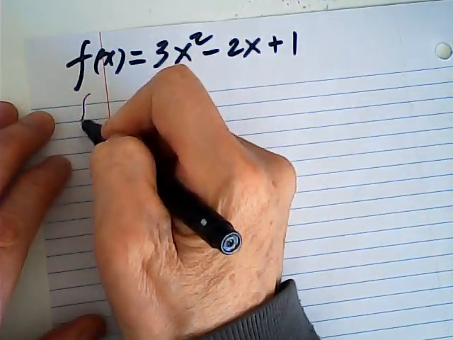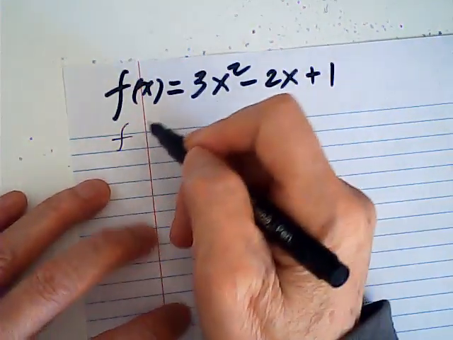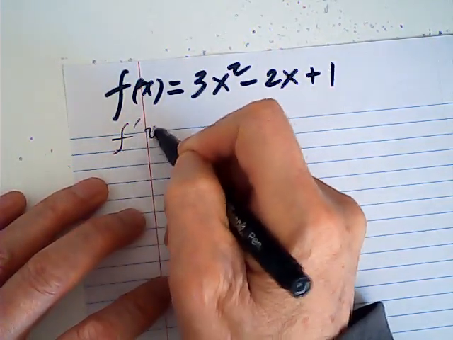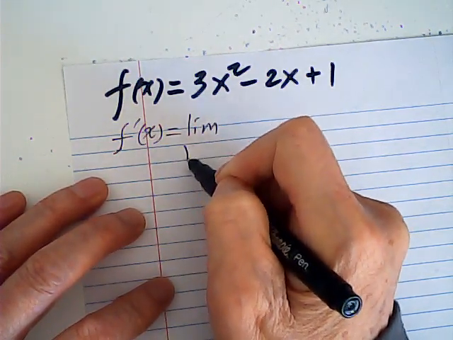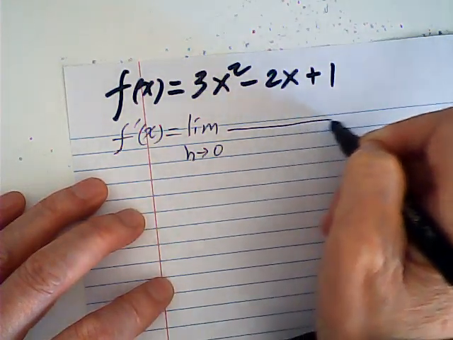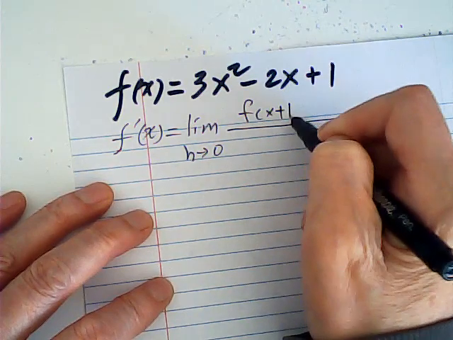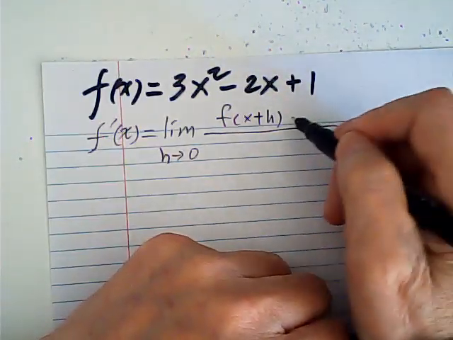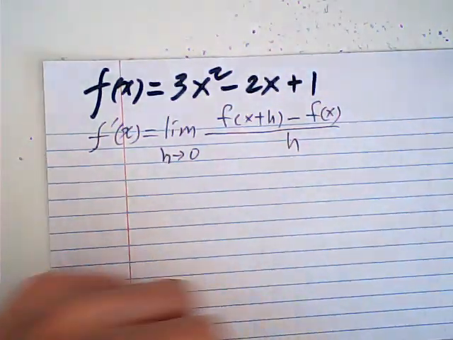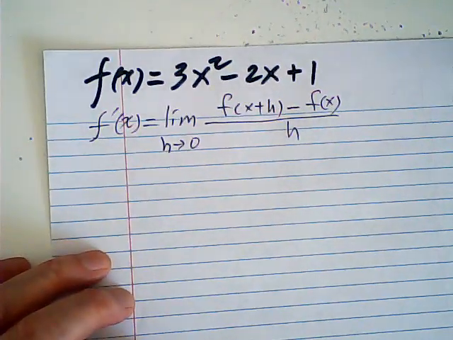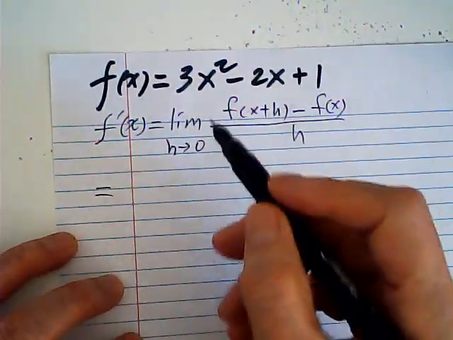Now, when I change the pen, do you see clearly? The derivative of f with respect to x is equal to the limit as h goes to 0 of f of x plus h minus f of x, divided by h, right? That's the definition. So I apply this definition to my particular function.